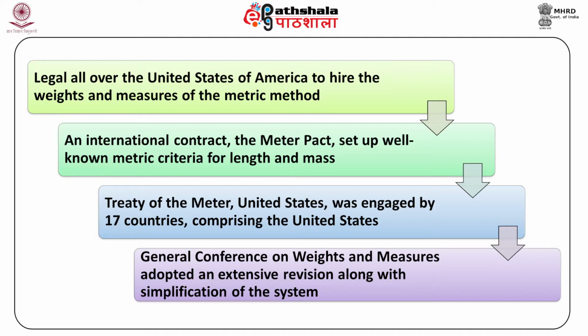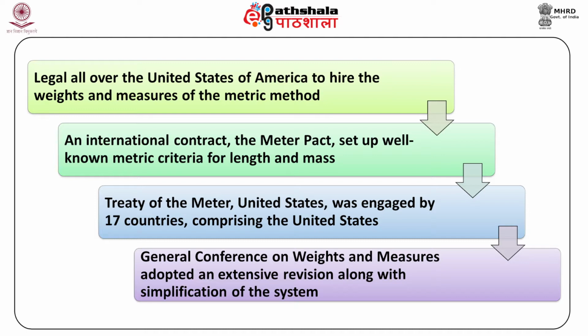This agreement, commonly called the Treaty of the Meter in the United States, was signed by 17 countries including the United States. The number of nations increased to 35 in 1900, including the major nations of continental Europe and most of South America, which had officially accepted the metric system.